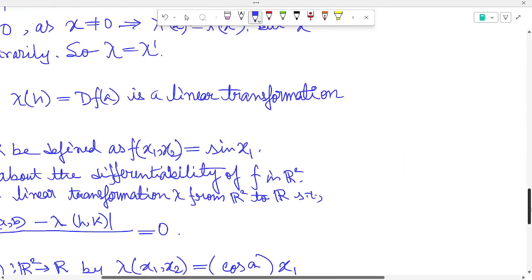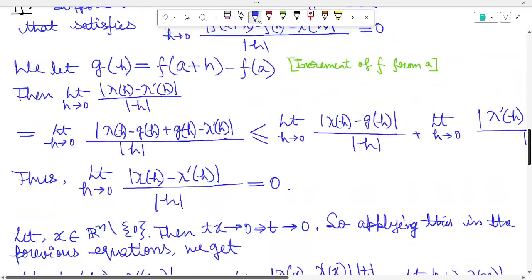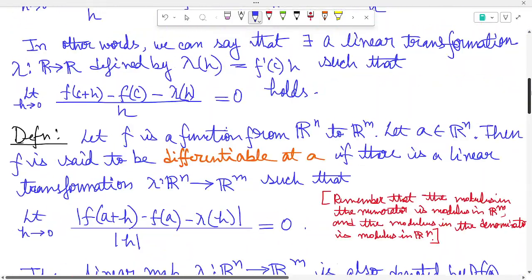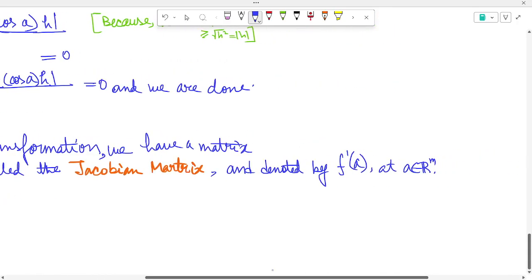Lambda is from Rn to Rm, right? If it is from Rn, then the domain will be Rn.